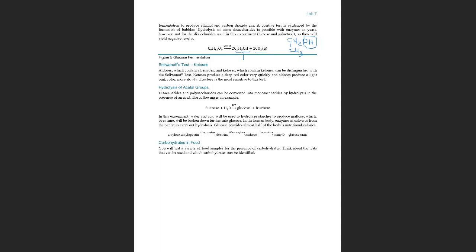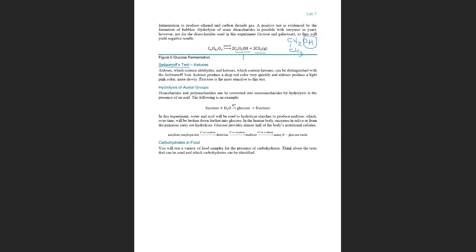And the last experiment is this one, the Seliwanov test. What is that test for? It will show if we have ketoses or if we have aldoses.